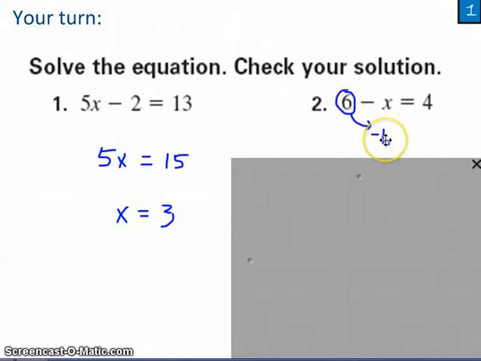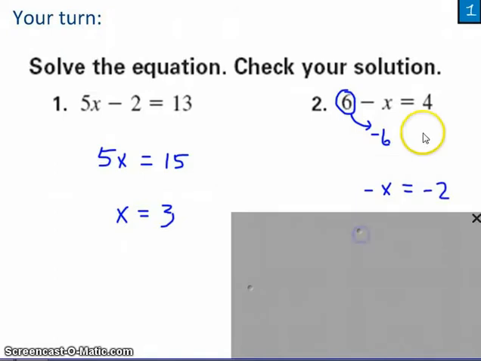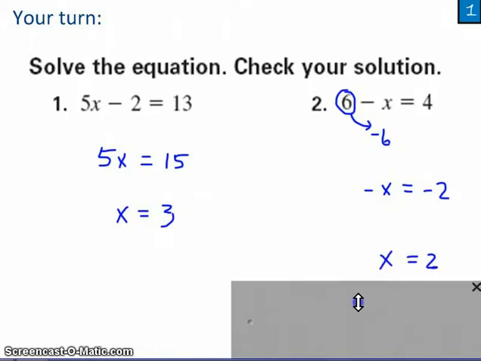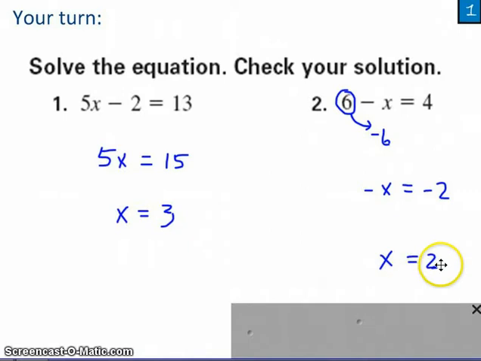Well, it's a positive 6. You're going to subtract 6 from both sides. Now you're going to have negative x equals, well, 4 minus 6 is negative 2. Well, if that's the case, then divide both sides by negative 1, and you're going to end up with x equals 2. Remember, you can always plug the answer that you get back in and make sure it made sense. Put the 2 in here, 6 minus 2, sure enough, that is 4.